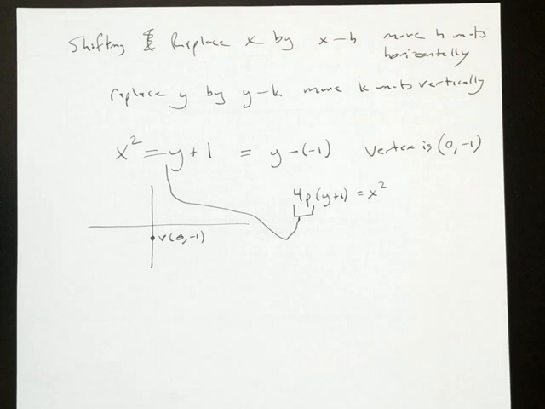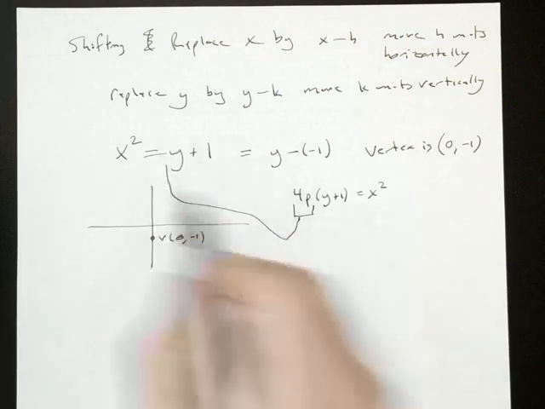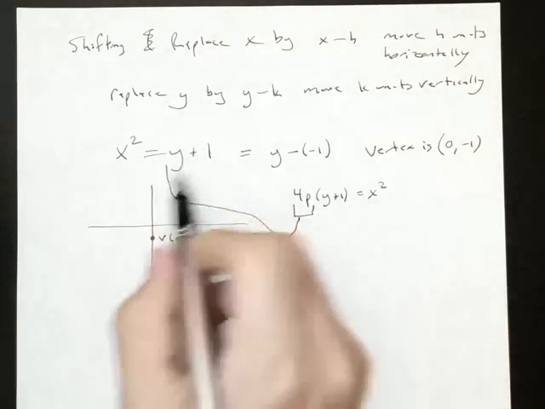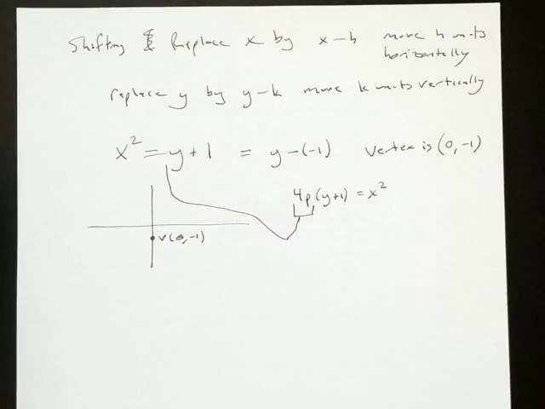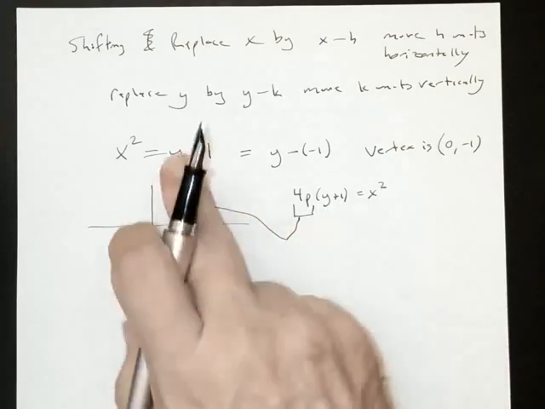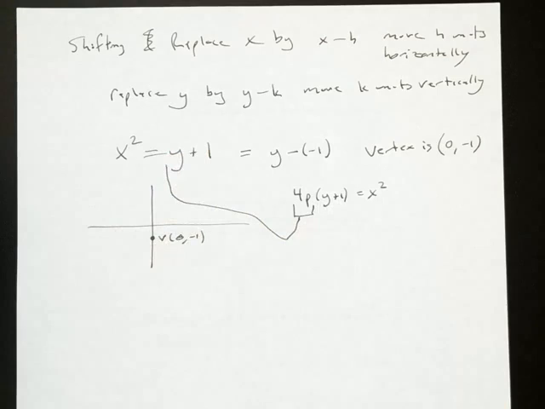Leo: Would it be 0 because -1 plus 1? What's multiplied in front of this y plus 1 in this equation? 4p. That's what's down here. What's up here? 1.